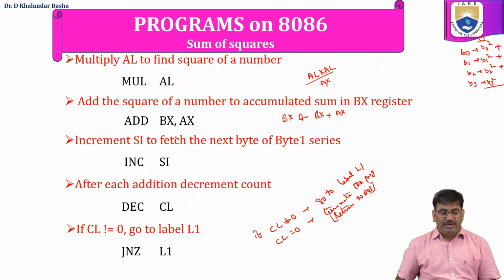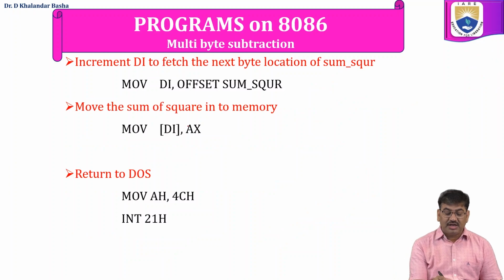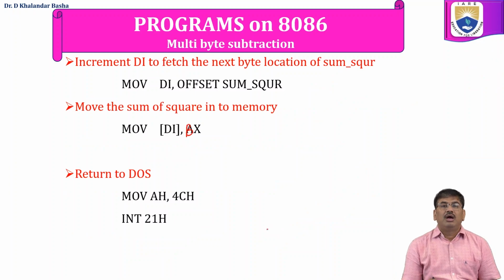The result we added previously is in the BX register, and its contents are going to be loaded into the memory location. So for that you write MOV [DX], BX. Now the BX contents are loaded into the memory where the memory address is in the DX register. Then we terminate the program by using MOV AH, 4CH and INT 21H. These two instructions are for returning to DOS.